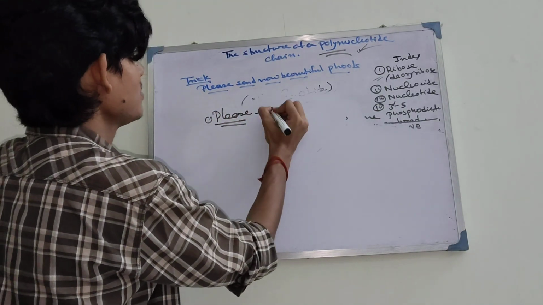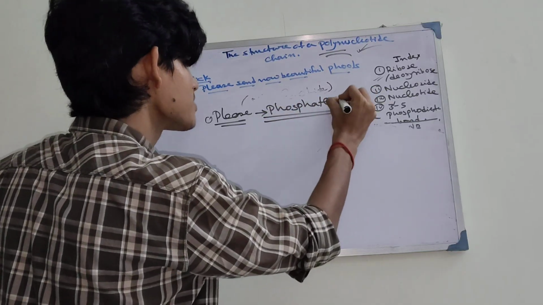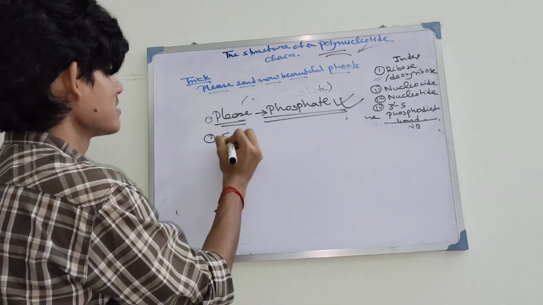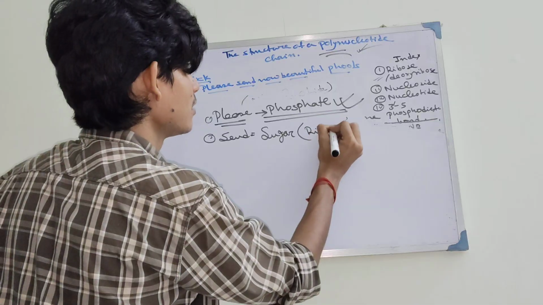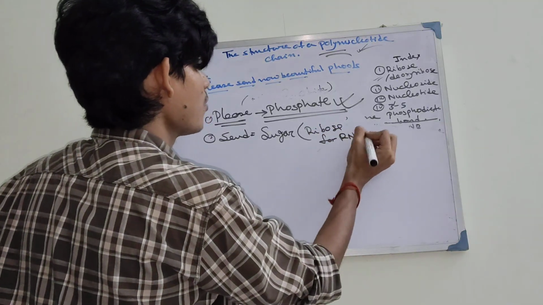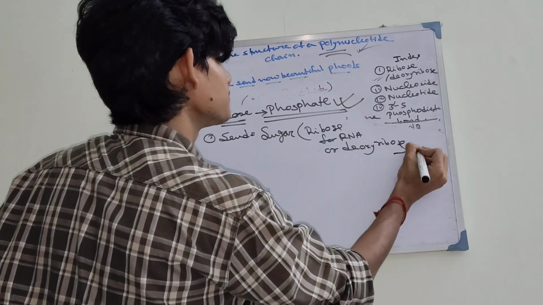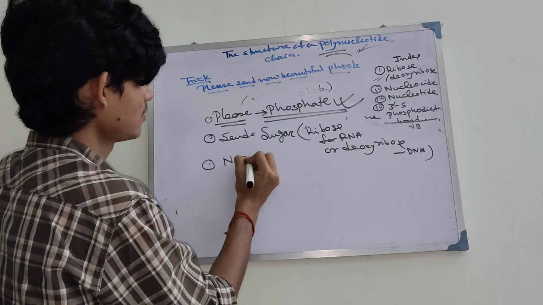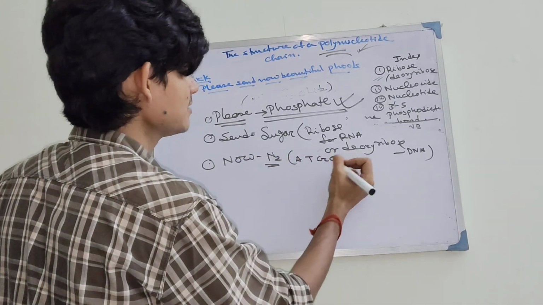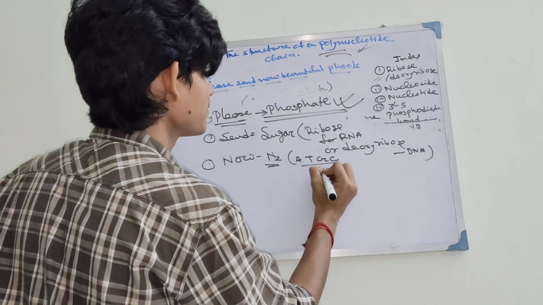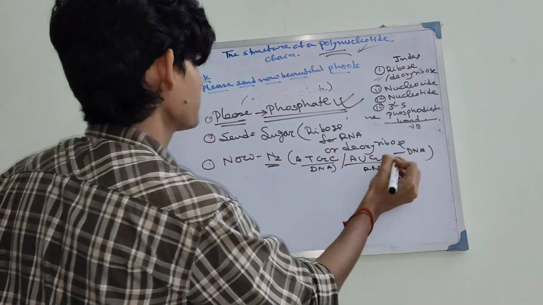From this we can denote that phosphate is always present in a nucleotide. Sugar, whether it is ribose for RNA or deoxyribose for DNA. Nitrogenous bases: A, T, G, C for DNA and A, U, G, C for RNA.